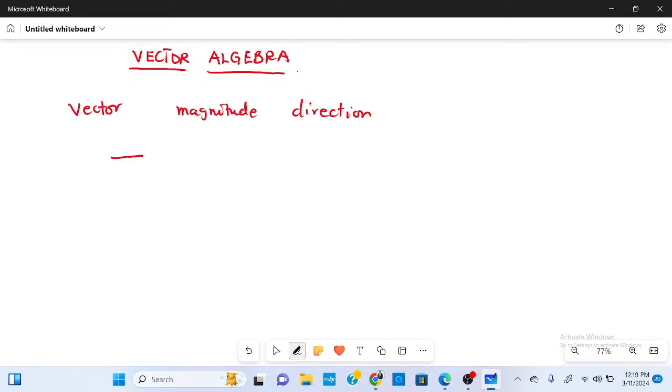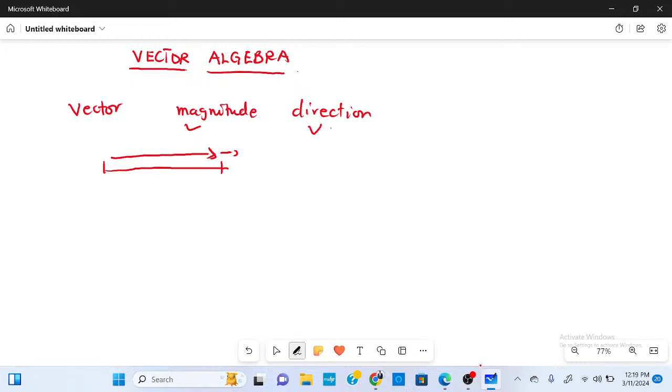Let's represent it with this straight bar. Depending on the length of this bar, that's what we call the magnitude of the vector. But the direction in which this arrow is pointing gives the direction of that particular quantity. So a vector quantity is fully characterized by its magnitude as well as its direction.